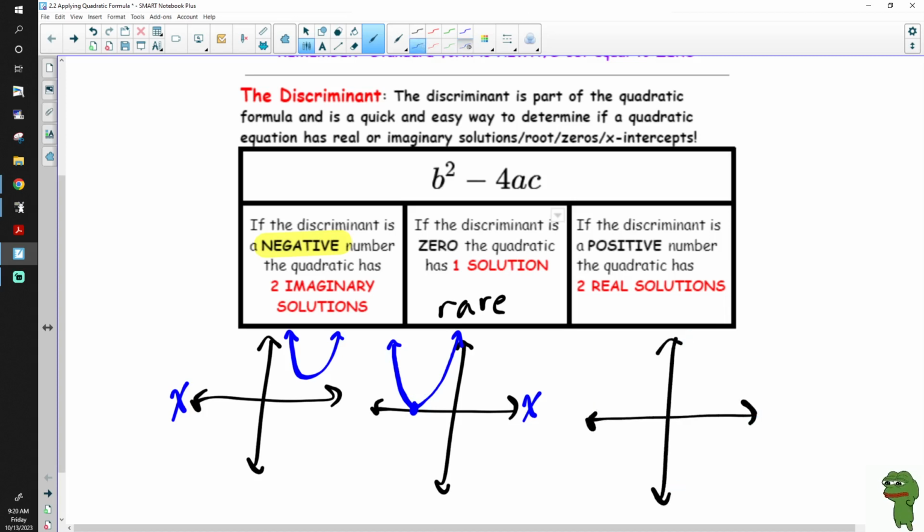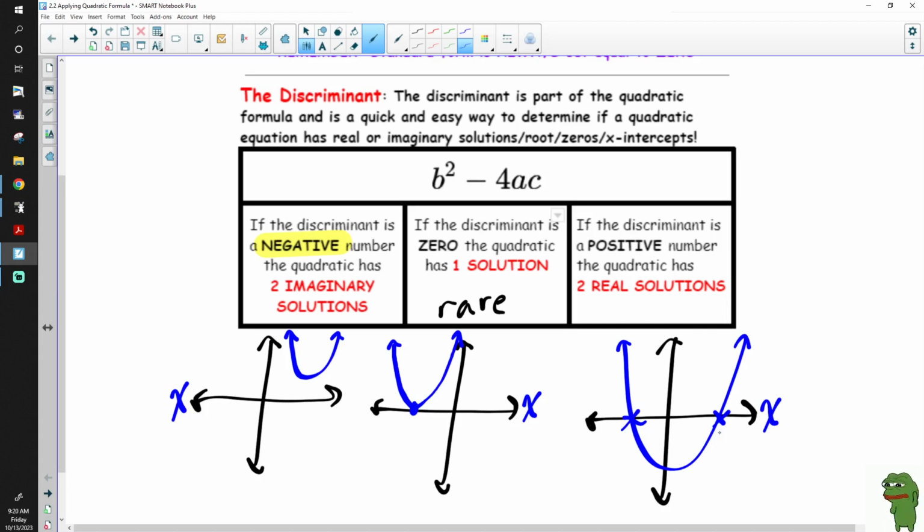If you have a quadratic that has a positive discriminant, it looks like this. Because how many times does this hit the x? 1 real time, 2 real times. 2 real solutions. So the discriminant doesn't actually find us the solution or solutions, but it tells us what kind we're going to have and how many to expect.